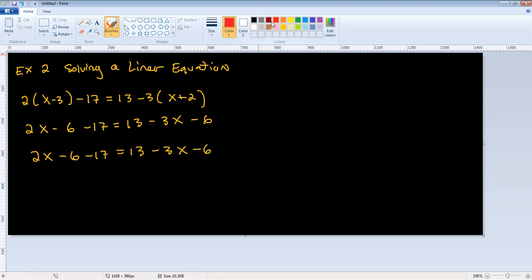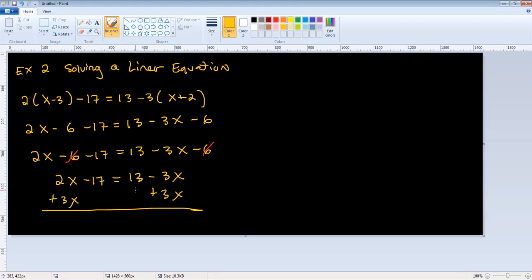Okay, so let's see here. Negative 6 and negative 6, that's going to go away. We have 2x minus 17 is equal to 13 minus 3x. Okay, we can do something like this. We add 3x on both sides. We get 5x minus 17 is equal to 13.